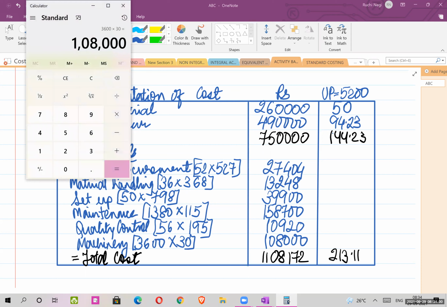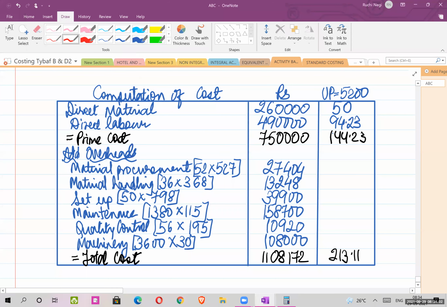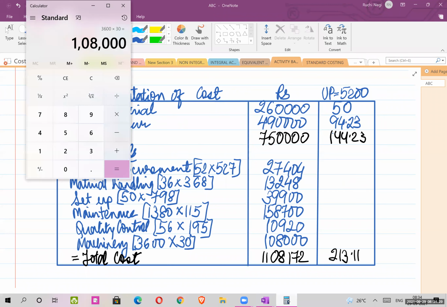And while you are doing this, you can even go for a shortcut. You can press M plus, M plus, and last में MRC, so that you can directly get the total. So you can do it separately also, or you can calculate it within the cost statement that you are doing. Okay, this is the computation, right? So directly add this to prime cost total.